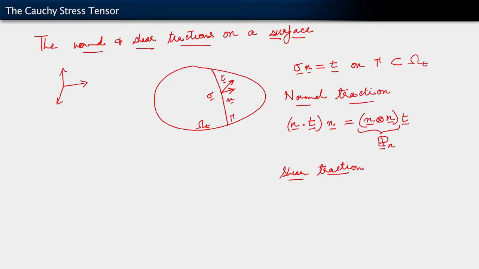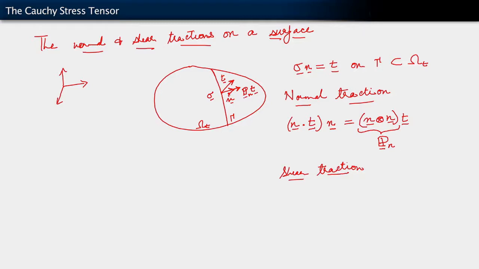Now if we extend this just a little, the second vector is essentially Pn acting on T. That's the normal component. It turned out to be a little longer than it should have been.